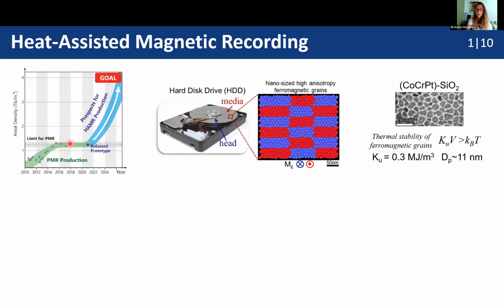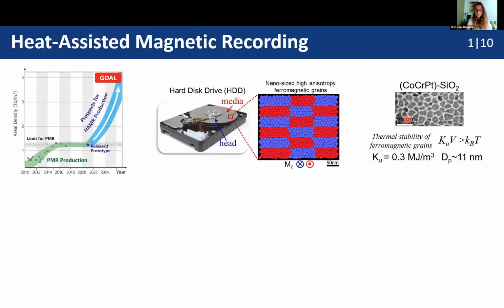So why is this so? Because in order to increase the areal density of storage, we need to decrease the size of the magnetized cell, which means to decrease the size of each grain.